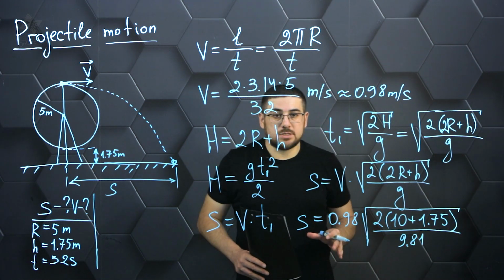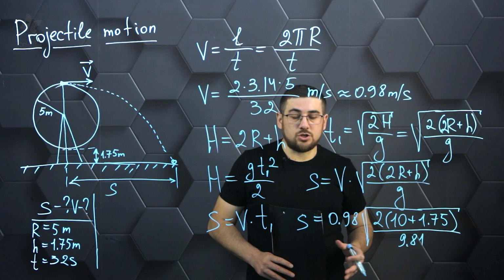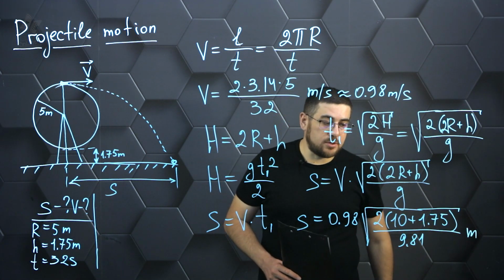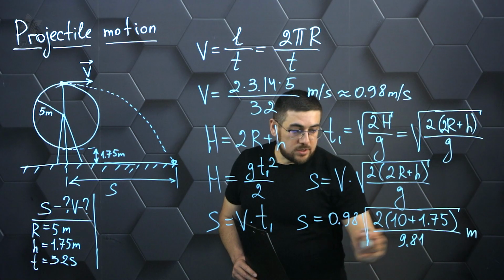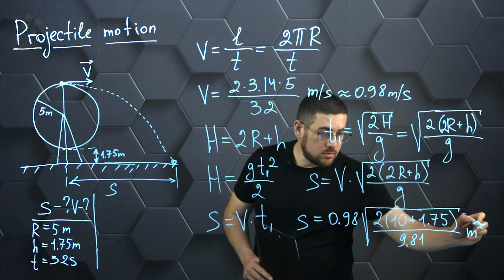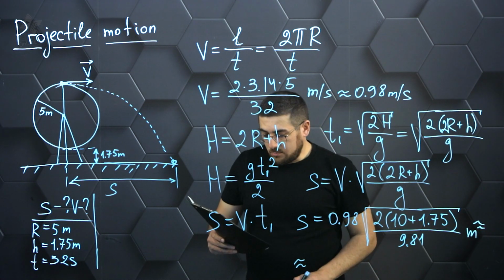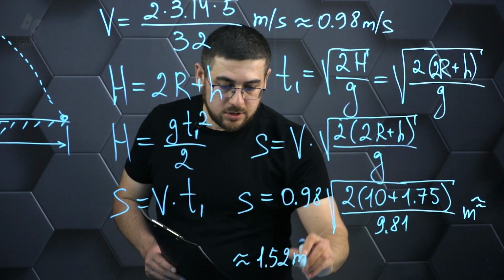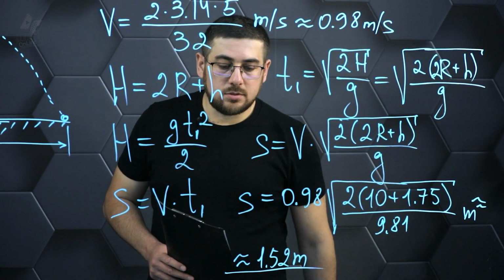All the data we use here is in SI units, so the path we get at the end is of course in meters. So after we've done the calculations, we get a value of approximately 1.52 meters, which is the range of this toy.